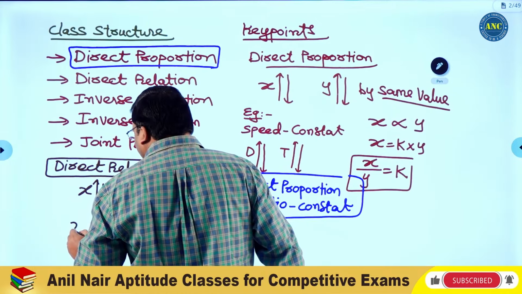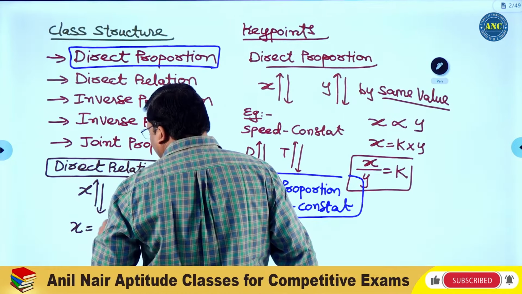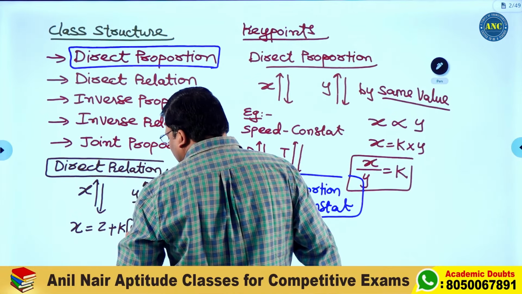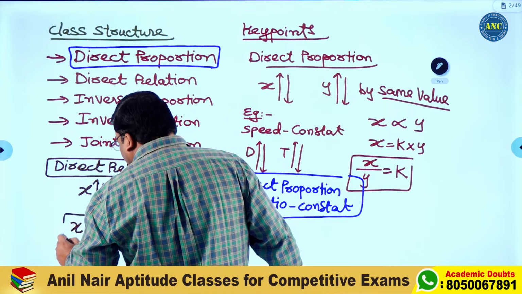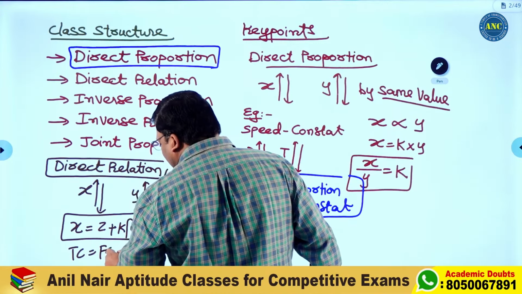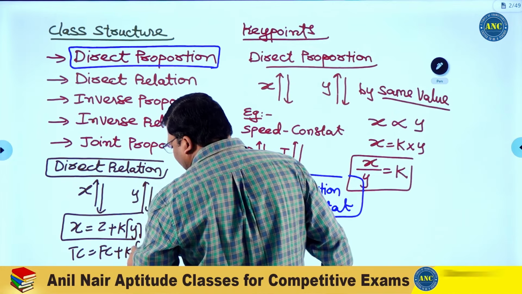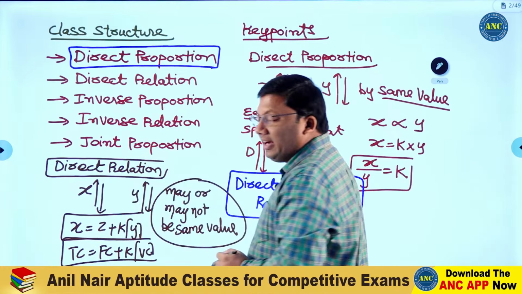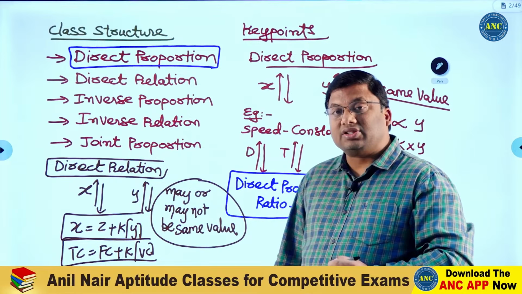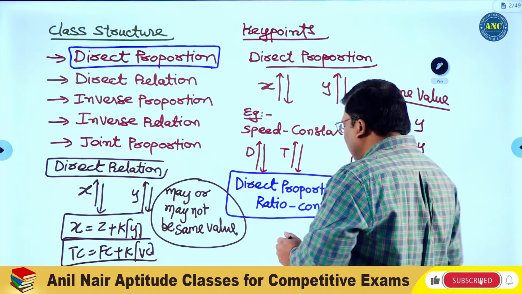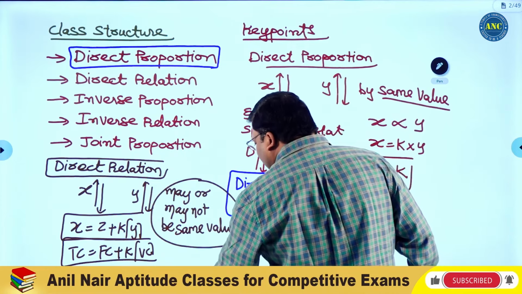So this will be x equivalent to z plus k into y. This is the relationship. Total cost is equivalent to fixed cost plus k into variable cost. This is the relationship of direct relation. Direct relation means if x increases, y increases, may not be by the same value.